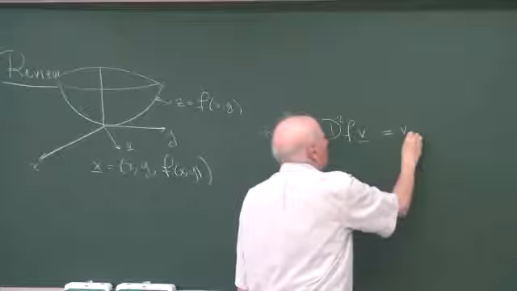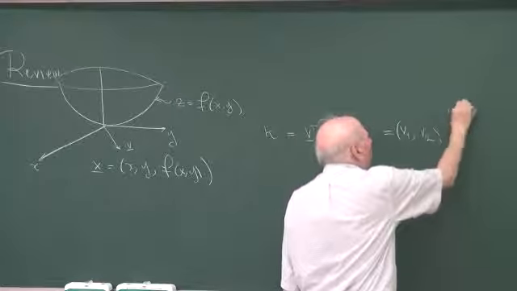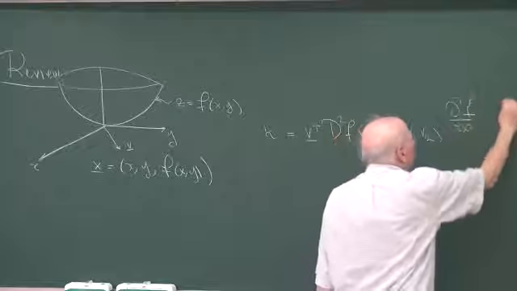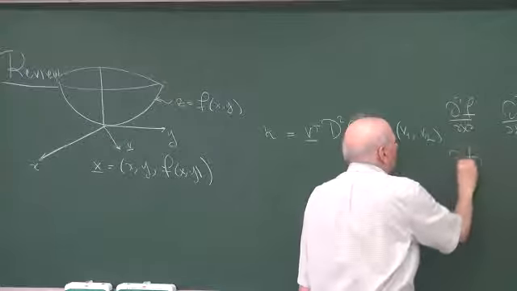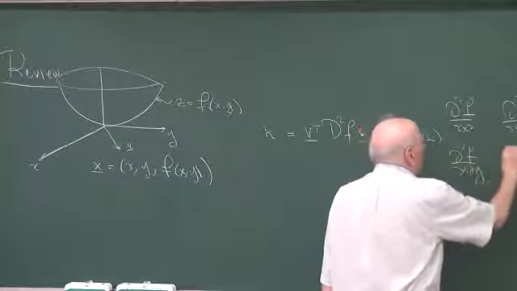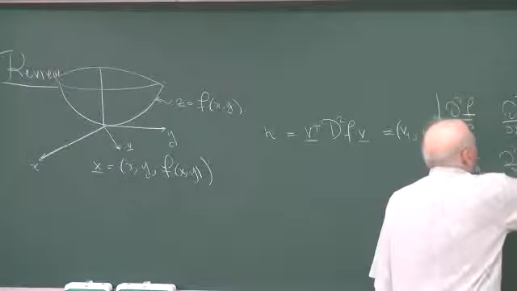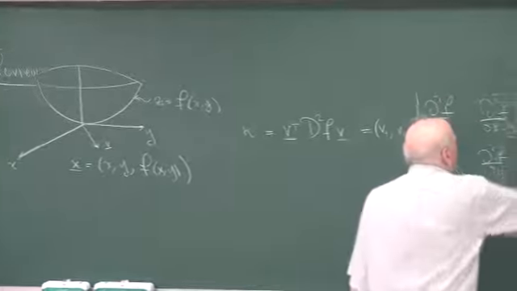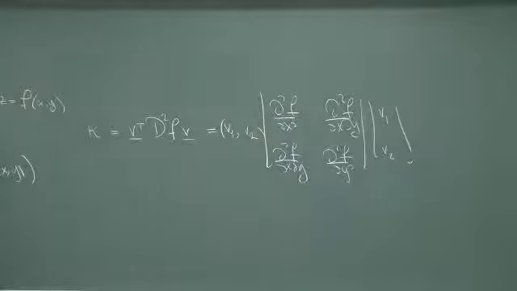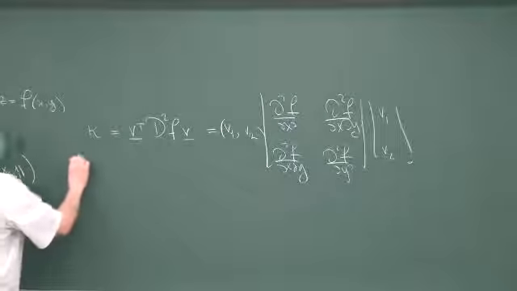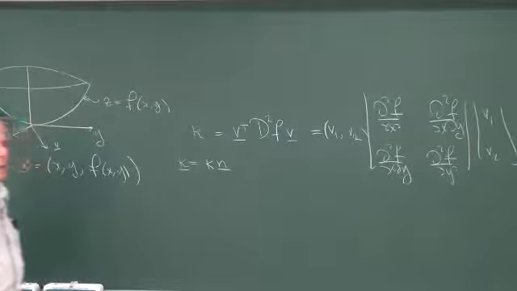So it was v, if v has two coordinates, say v1 and v2. That matrix, and then v1 and v2. So I get a scalar, which is the curvature, and then we said that the curvature vector was this curvature times n.